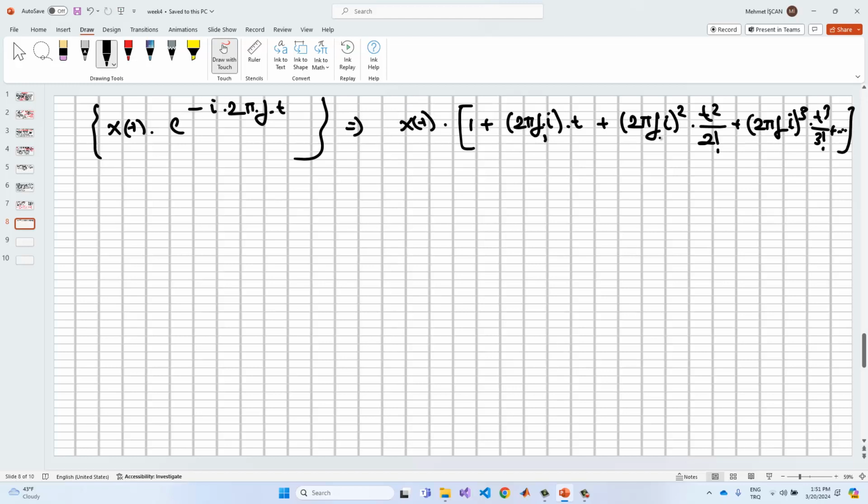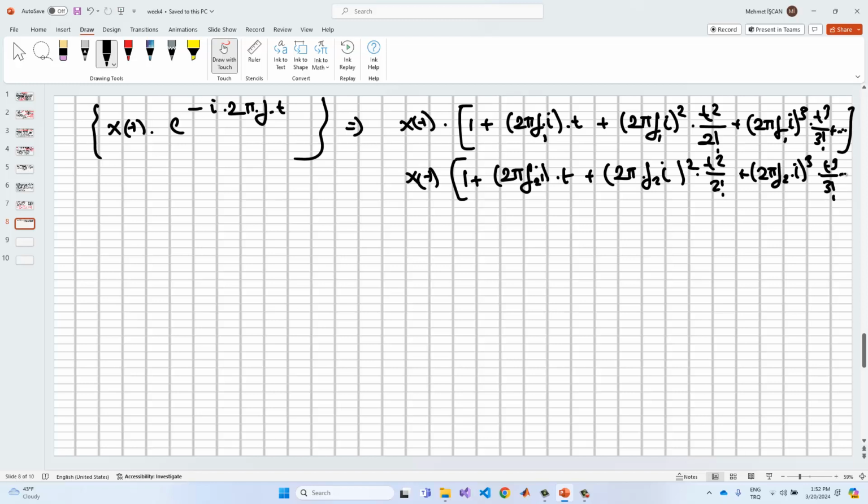This is the f1, for example, and so we have always the f2 plus 1 plus 2 pi f2 i t plus (2 pi f2 i)^2 t^2 over 2 factorial, and 2 pi f3 i t^3 over 3 factorial, blah blah blah. Okay, at each case this x(t) is going to be the coefficient of this term, right?